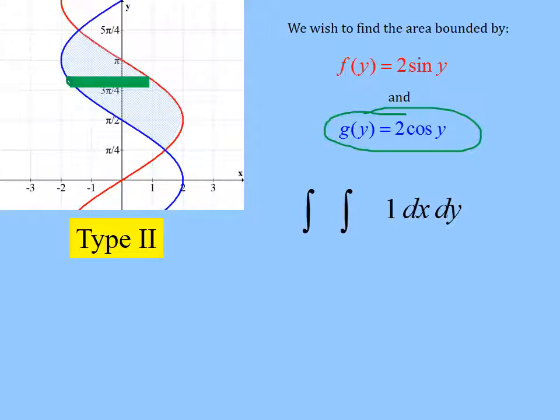Well, it is in terms of y, so that would be the 2 cosine y. And then the right side would be the red graph, and again we already have it as a function of y. And then we need to decide about the y values. Here's the lowest y value. Here's the highest y value.